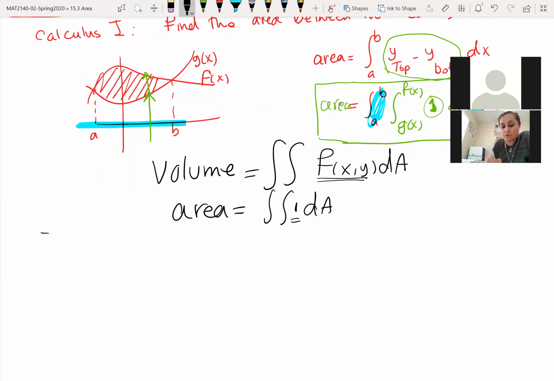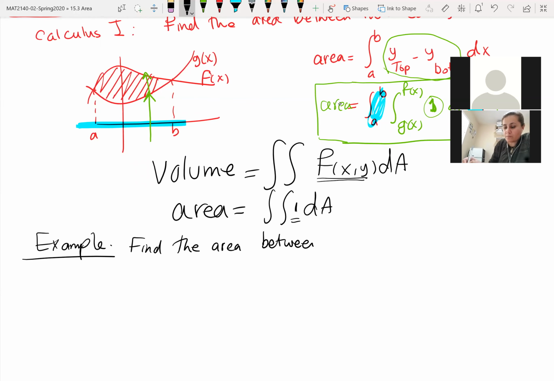So for now, I want to try some examples. And that's what I said, it's not that much lecture, it's just writing the examples. So for example, it says find the area between two given curves.